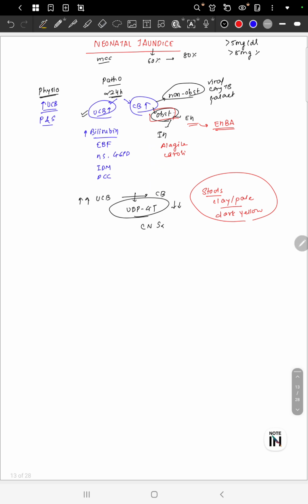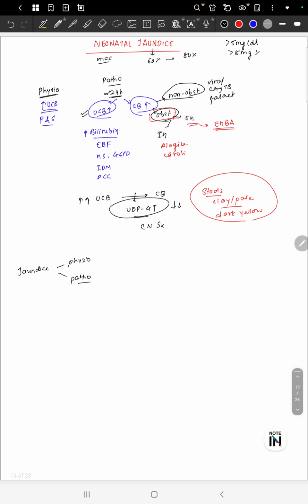So till now, how can we diagnose jaundice? We know that jaundice can be physiological jaundice or pathological jaundice in a newborn. How to differentiate? We already know that if the child presents in less than 24 hours, then it's pathological jaundice.